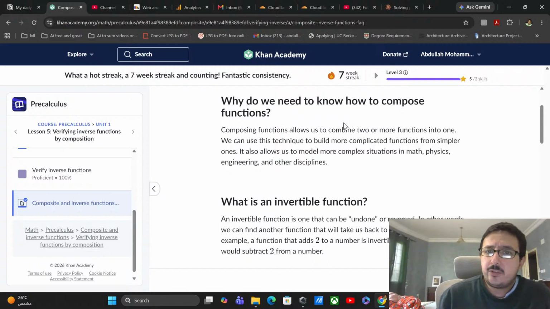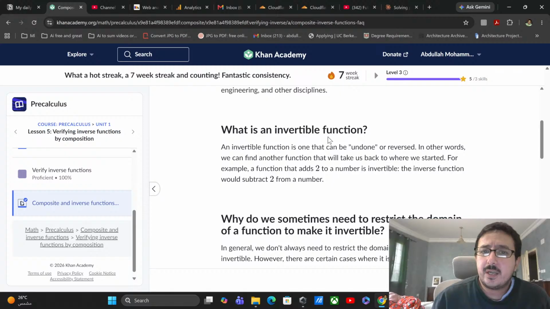Why do we need to know how to compose? Composing functions allows us to combine two or more functions into one. We can use this technique to build more complicated functions from simpler ones. It also allows us to model more complex situations in math, physics, engineering, and other disciplines. What is an invertible function?